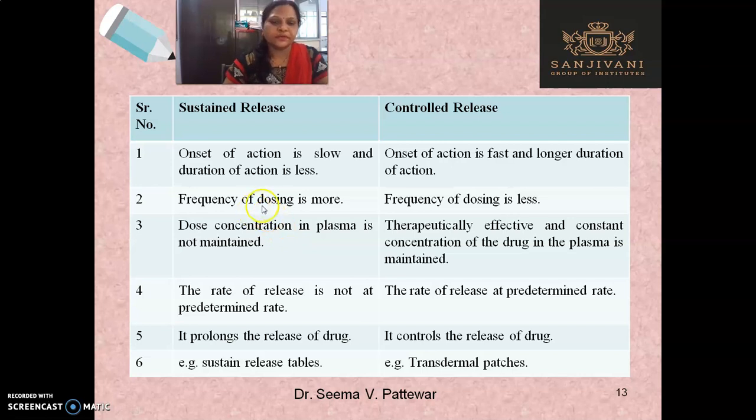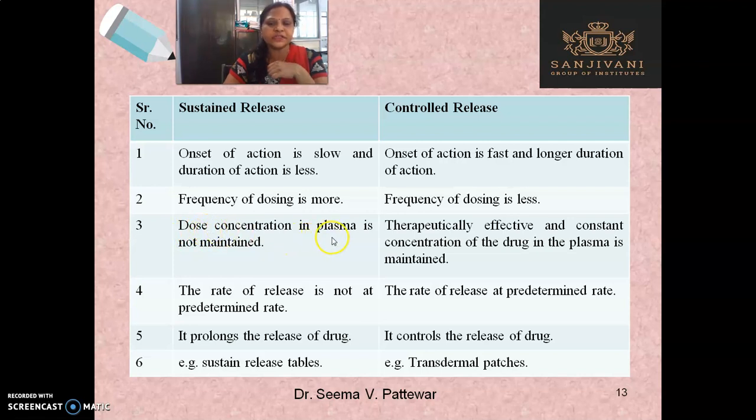It means you have to take this many times, 2, 3, 5 times likewise. And here you have to take only 1 or 2 doses, in the morning or at night likewise. So the frequency of dosing is less.